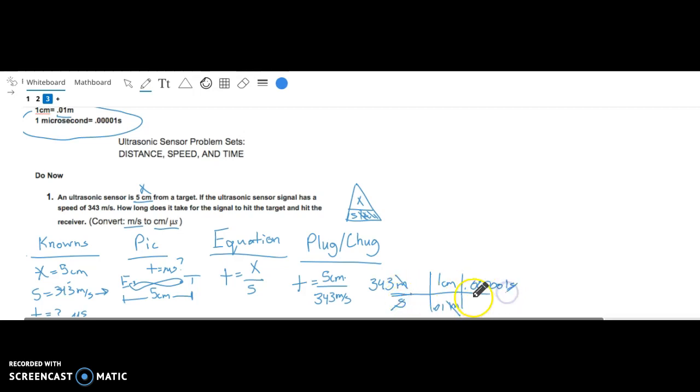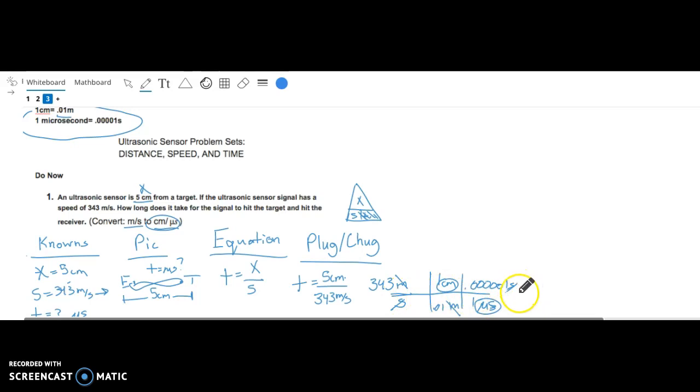Cross, cross. You know you did that right because the seconds cross out, and that equals 1 microsecond. Or you can write it out as the whole name. Okay? So we want centimeters over microsecond. It's over because it's division.